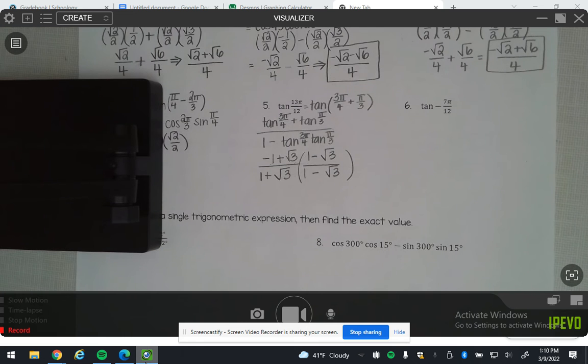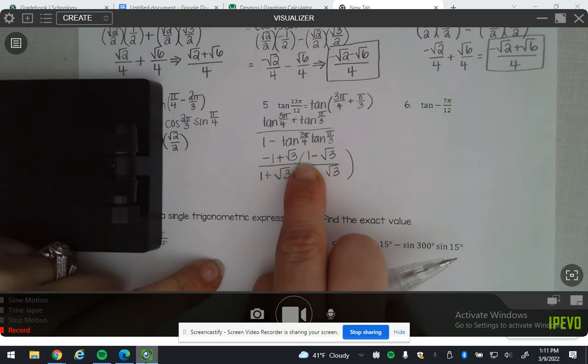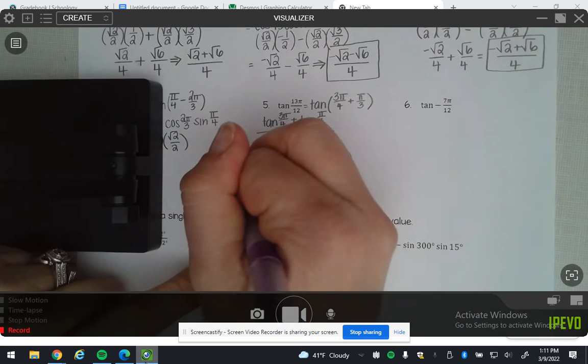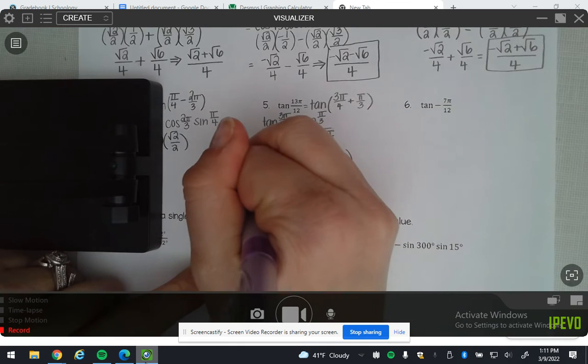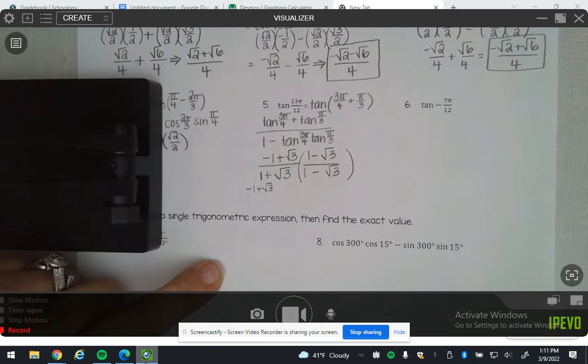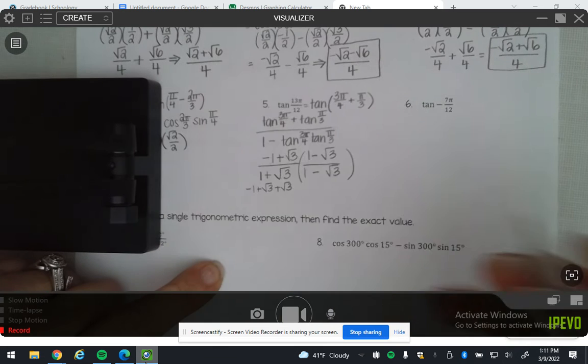Okay? Yes, no, maybe. What am I going to do? You're just going to distribute, right? Negative 1 times 1, negative 1. Negative 1 times negative radical 3, positive radical 3. Radical 3 times 1, positive radical 3.